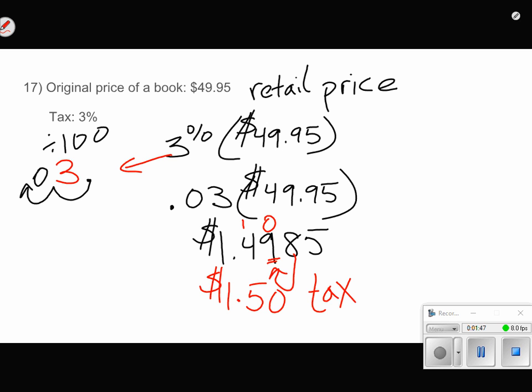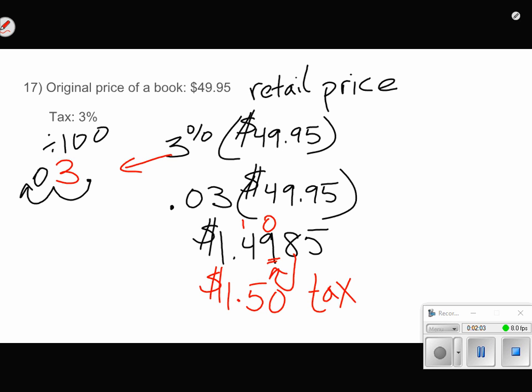And the tax amount, that dollar amount, is going to need to be added to the original price of the book. So tax is going to increase the price. It's extra you're having to pay to the government.